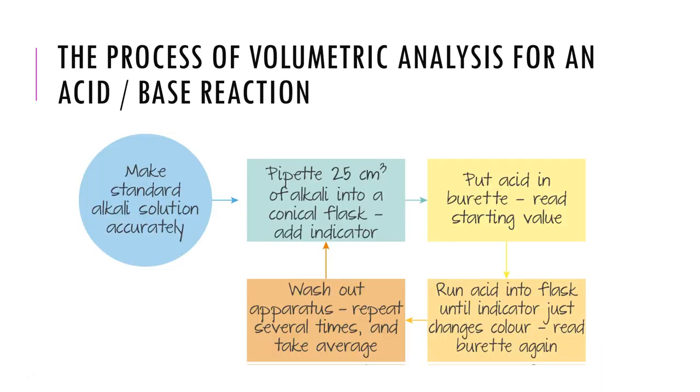So when we do a volumetric analysis for an acid-base reaction, we will make up our standard solution. It's quite often an alkali solution, but it's not always. We will pipette out 25 centimeters cubed of that into a conical flask and add the indicator that has been selected for the right endpoint in our reaction.